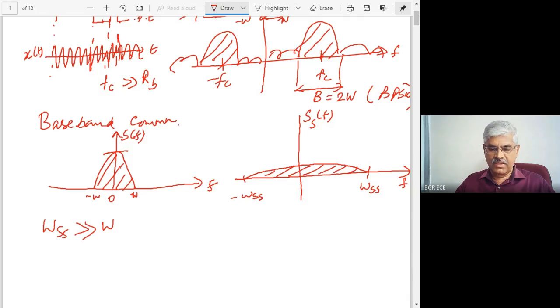But if you spread the bandwidth like this, and somebody intentionally generates another waveform and puts it into this band, it is possible to get back the original signal and reduce the effect of the jamming signal to a great extent. That is what is possible. So how is it possible? We will come to that later.